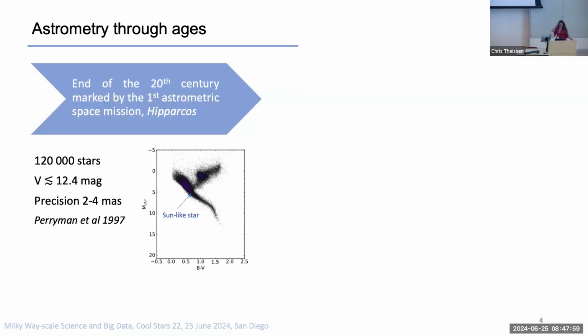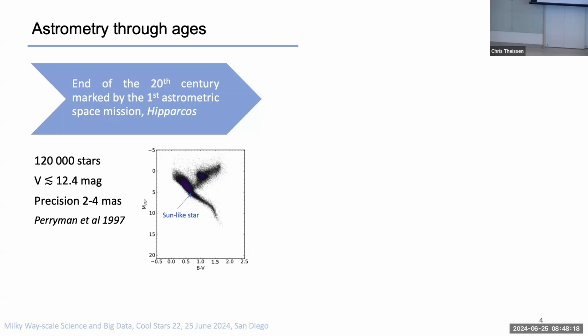Then the 20th century was marked by the first astrometric space mission, Hipparcos. Going outside of the Earth's atmosphere allowed measurement of much smaller angles, with a precision about 100 times better than what we can get from the ground.